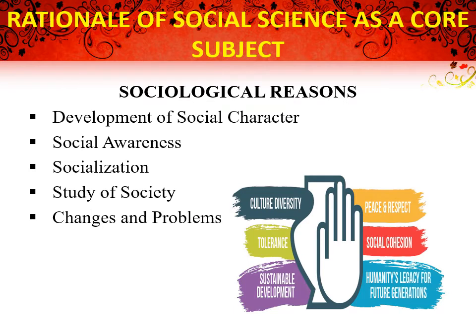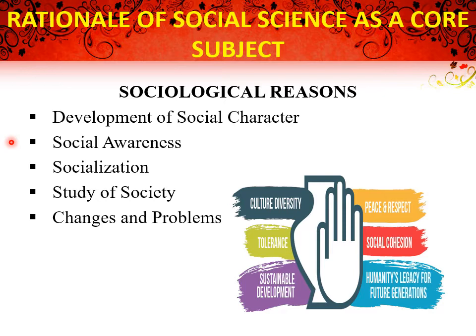In terms of sociological reasons, there are five specific aims. First one is development of social character. Social science in schools should help in the development of social character by drawing the child into the community and making him aware of his collective life and ideals.